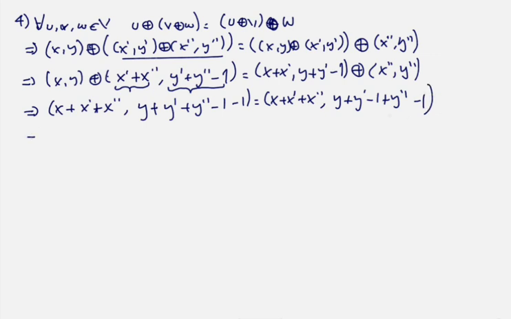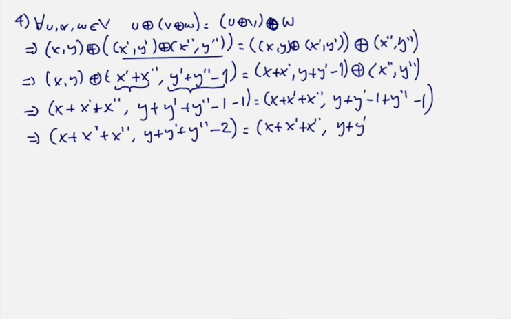So this implies that (x plus x prime plus x double prime, y plus y prime plus y double prime minus 2) is equal to (x plus x prime plus x double prime, y plus y prime plus y double prime minus 2). So we know the two are equal, and our associative property is satisfied.